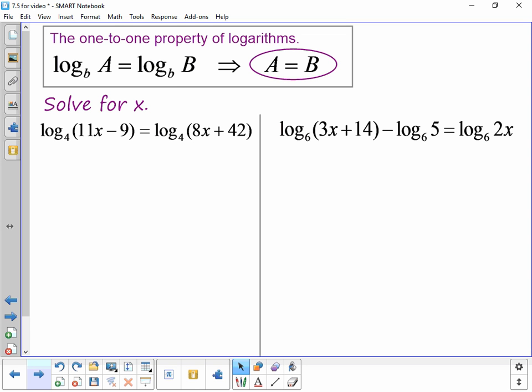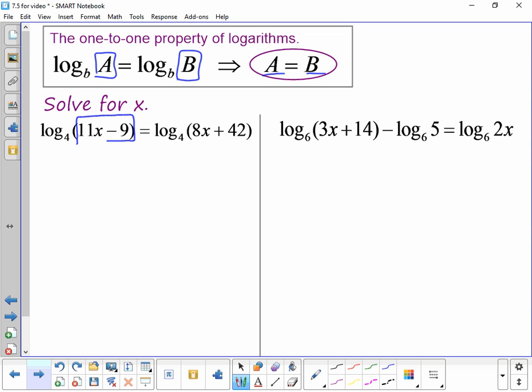What that means is that if you have the log of something and it's equal to the log of something else, if they're the same base, those two things have to be equal to each other. So it's saying if the log of A is equal to the log of B, it just means A has to equal B.